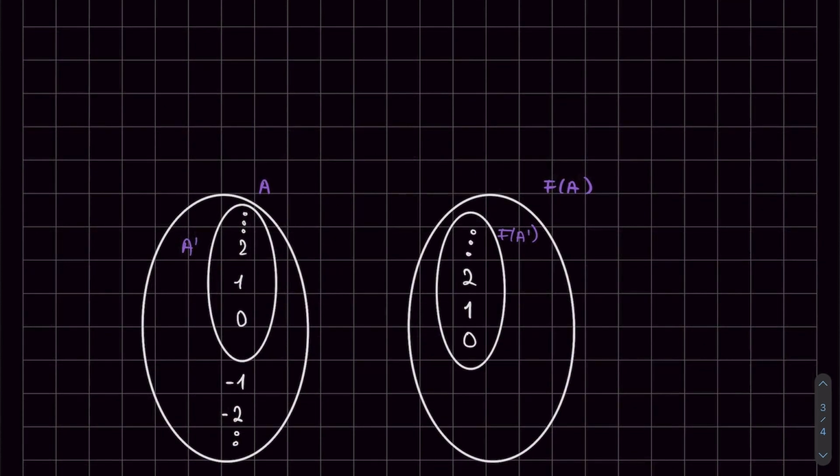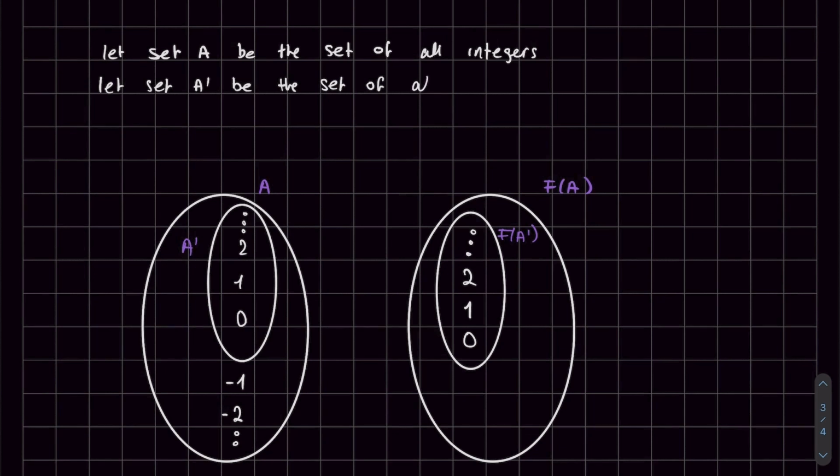So let's see what we have here. We're going to define the set A. Let set A be the set of all integers. Let the set A prime be the set of all natural numbers.